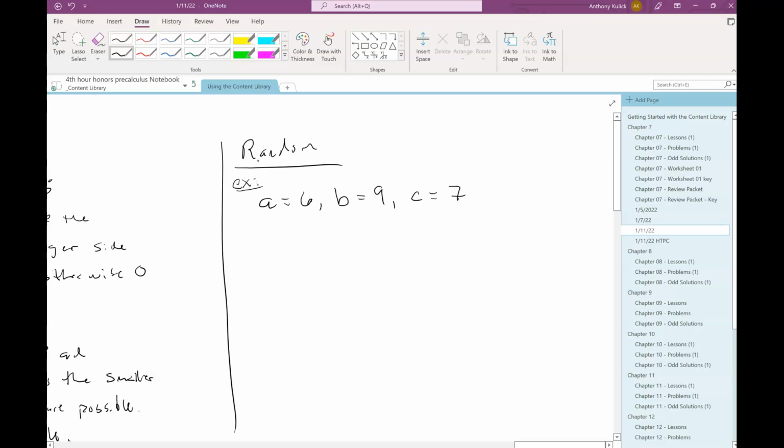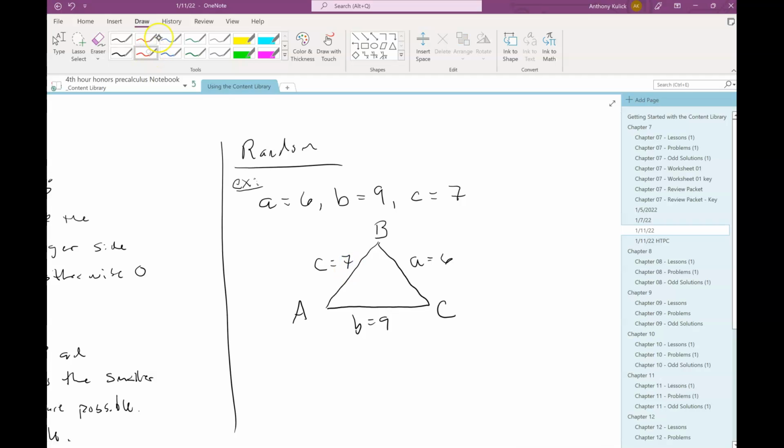Okay. So let's start by drawing a picture, and then labeling it. Okay, quite obviously this is a side side side situation, so we should be using the law of cosines.